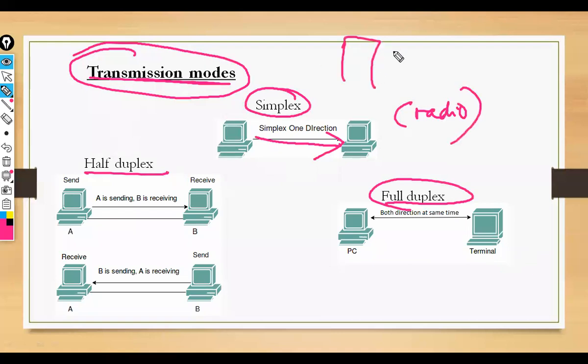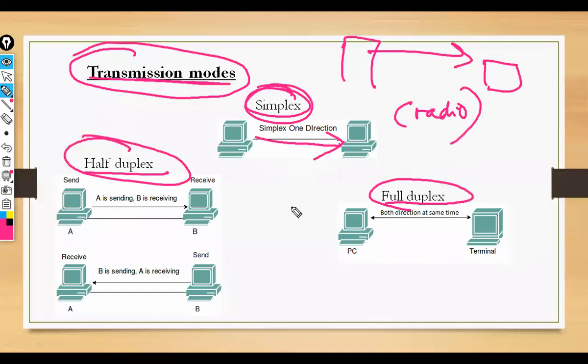At the radio station, they are sending, and we will only be able to receive the signal. So that is simplex. Now, half duplex, you can say walkie-talkie, right? If A is sending something, B will be receiving it. And afterwards, when A stops, B can send. So that is half duplex.